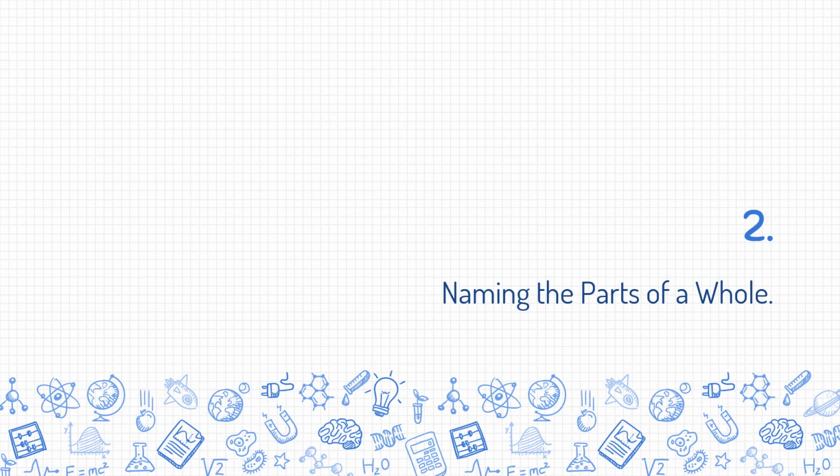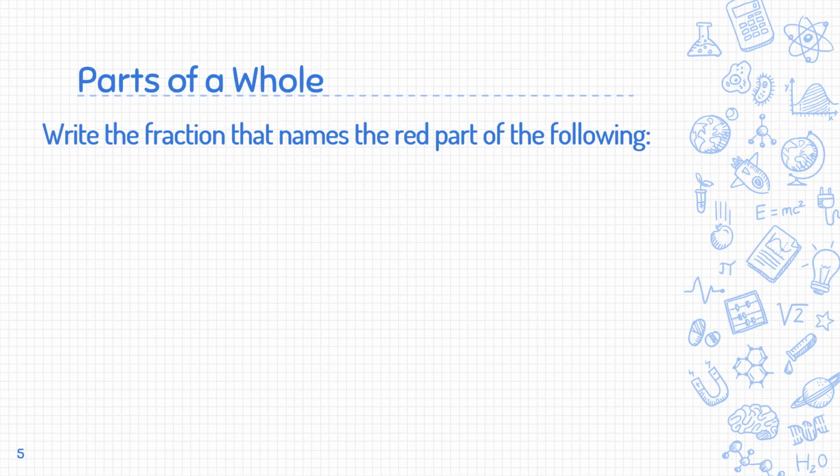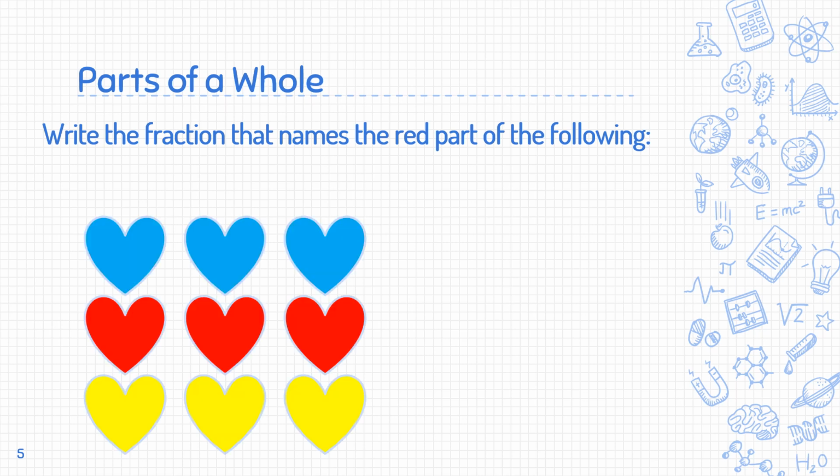Now that we know what fractions are, we're trying to name a part of a whole figure or a group of figures. Okay? It says, write the fraction that names the red part of the following. In here we have a lot of hearts, but we're going to focus on the red hearts because it's the part that we're going to name. As we saw in the video, the denominator tells us how many there are in total.